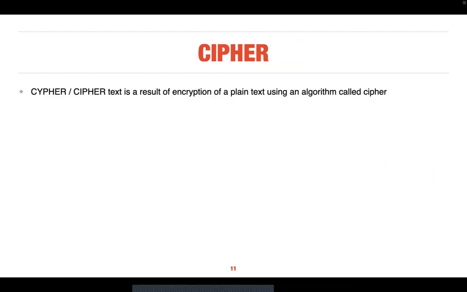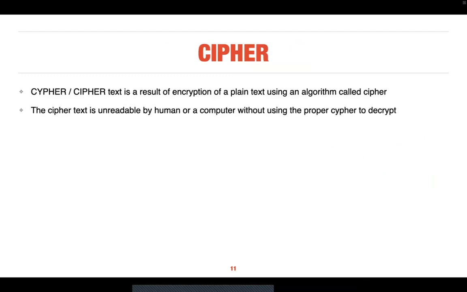Ciphertext are encrypted messages which we send through SSH over the network. These are unreadable by a human or a computer without using the proper cipher to decrypt them. So if someone gets the messages, they cannot read them, whether they are a human or a computer, unless they have the cipher to decrypt them.